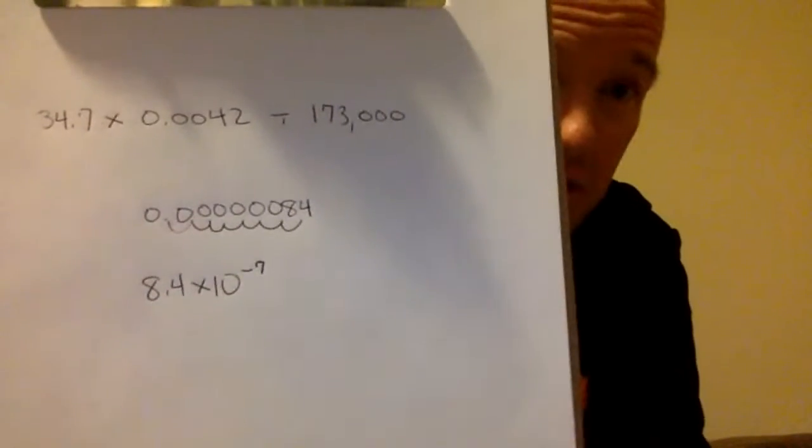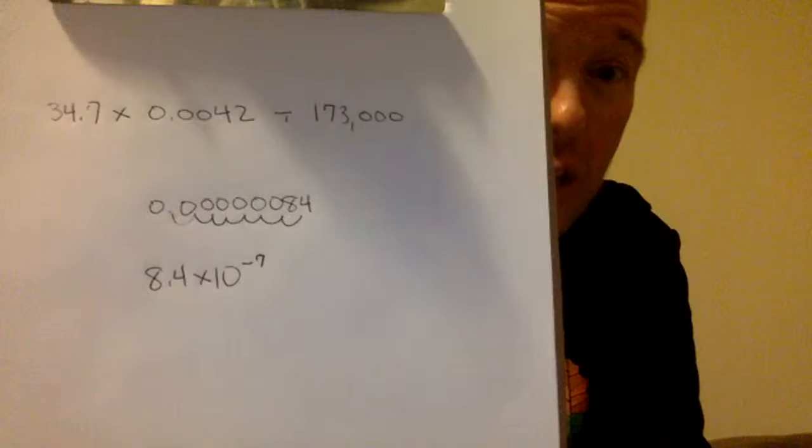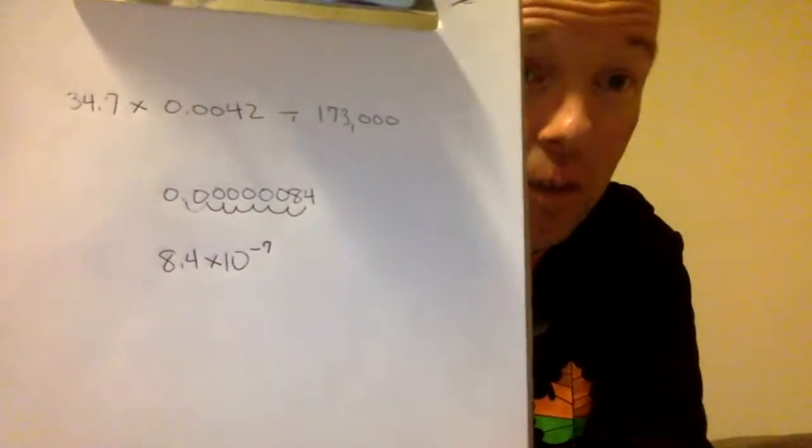So we have 8.4 as our base number. And then because we moved that decimal point 7 places, because we have a very small number that is a decimal that is less than 1, our final answer, if we were asked to express it in scientific notation, would in fact be 8.4 times 10 to the negative seventh.